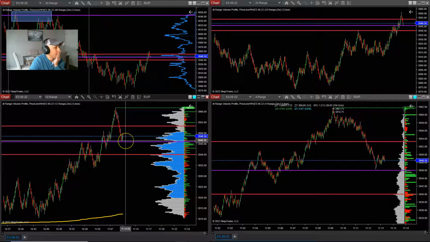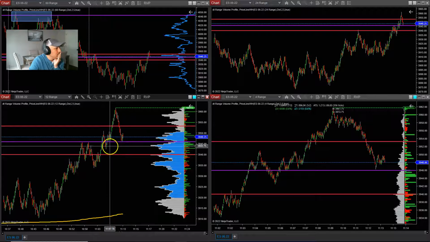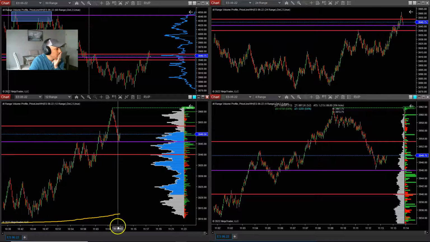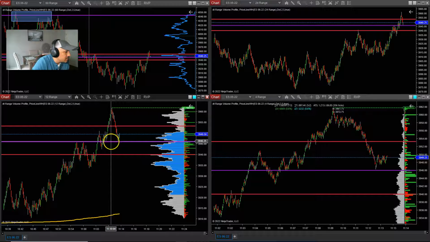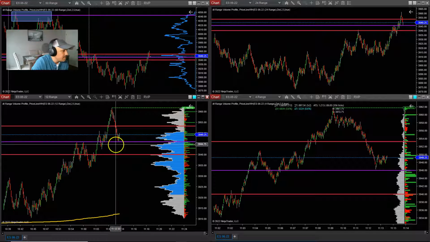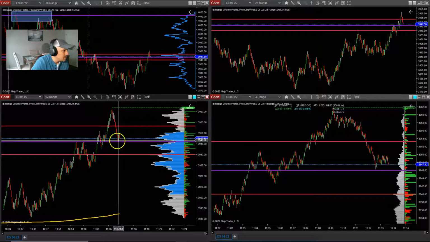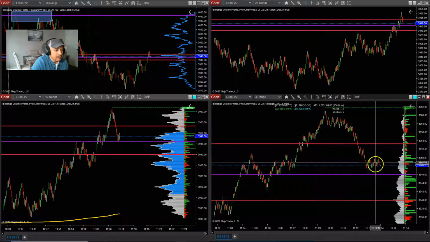But yeah, let's see here. Oh man, let's see what price is doing here. Tap into this area right here. Pay attention here.